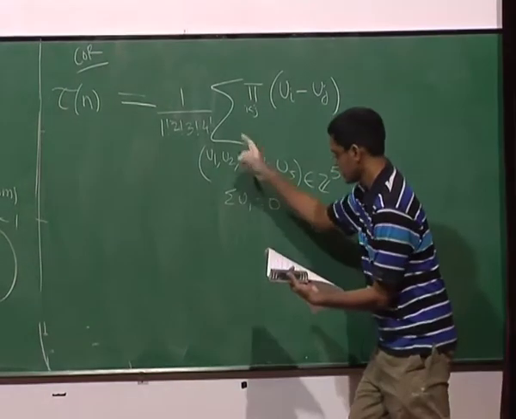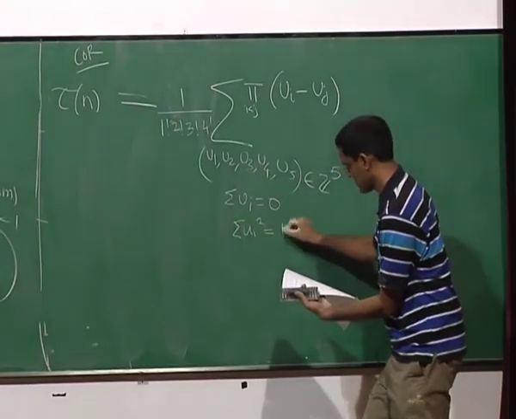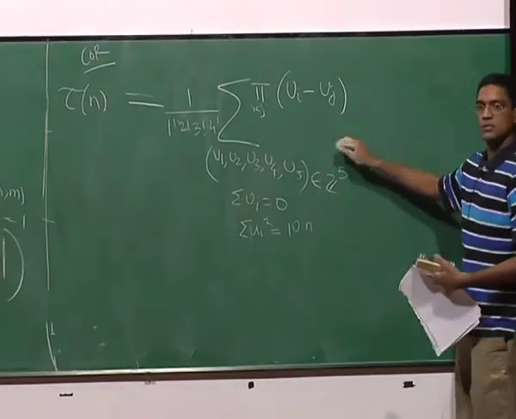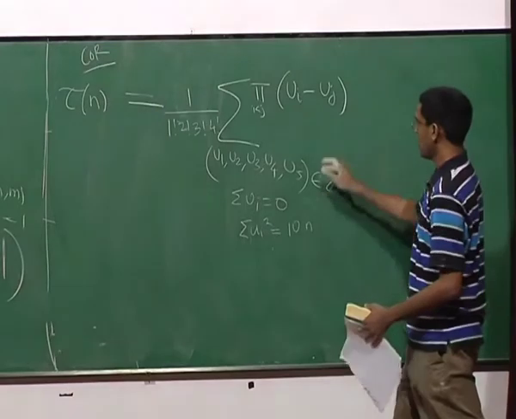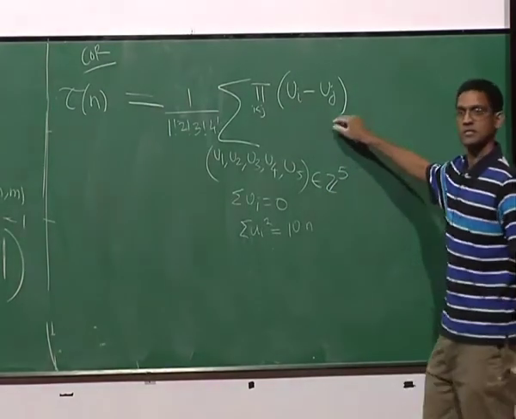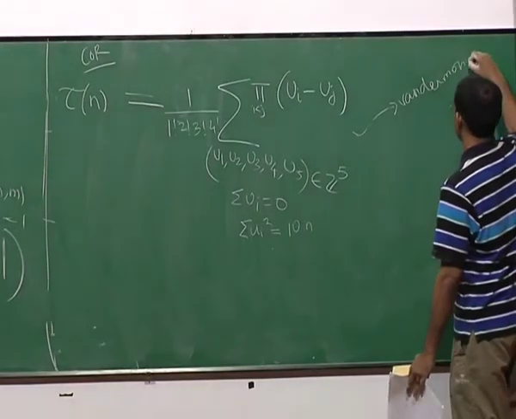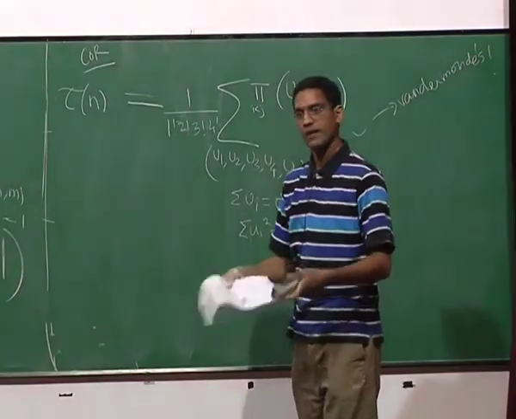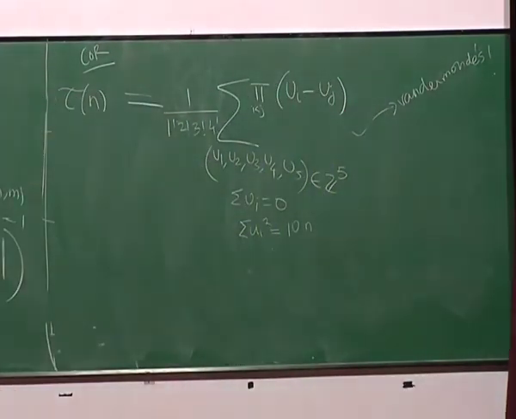This is only a finite sum. The conditions look like the sum of the squares of the numbers should be 10n and so on, and there's some congruence condition. This is a finite sum, because this condition makes it finite, of Vandermonde determinants. So what you finally have is an expression for tau n back in terms of the Vandermondes. I guess I will actually stop there.